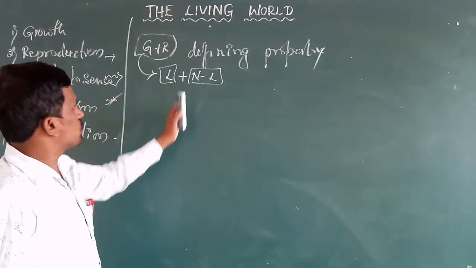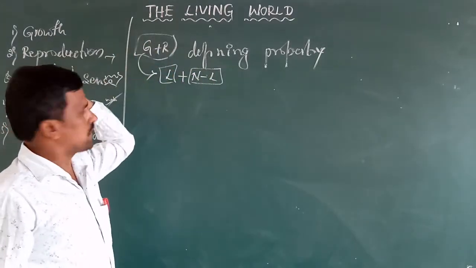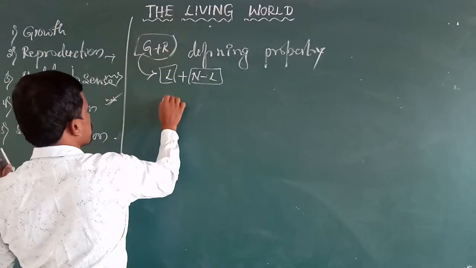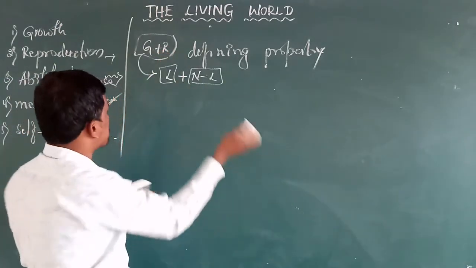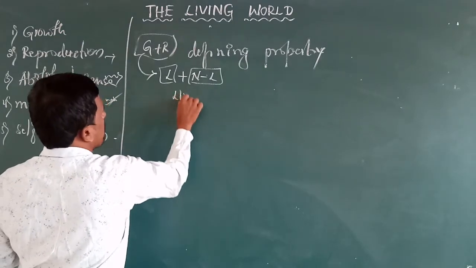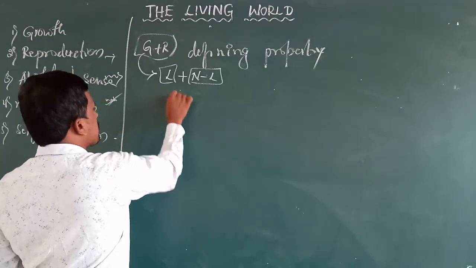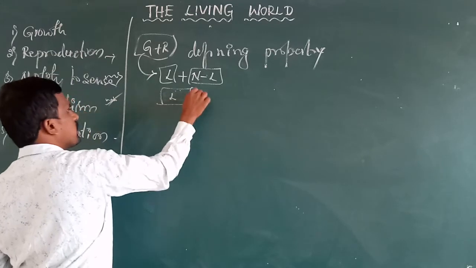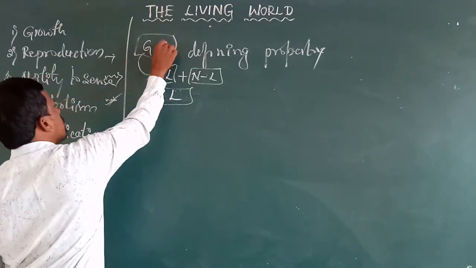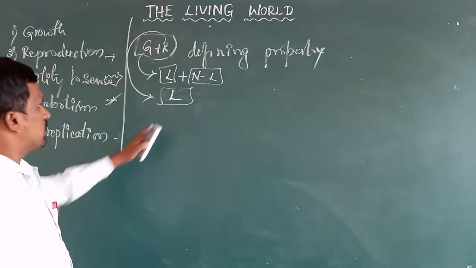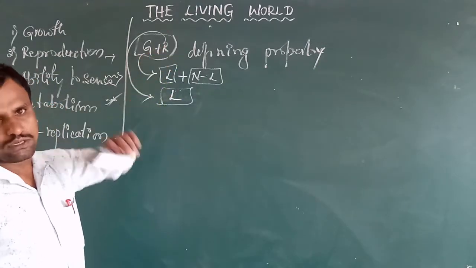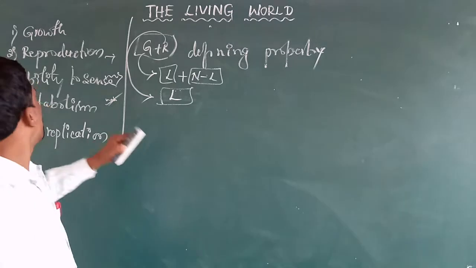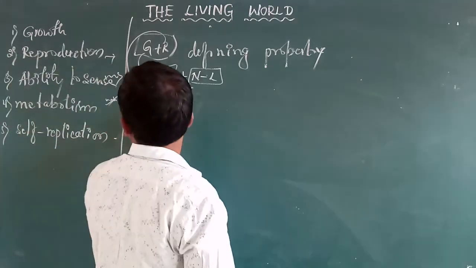Next, reproduction does not take place in some living organisms. So it is also not a defining property of living organisms. Got it?